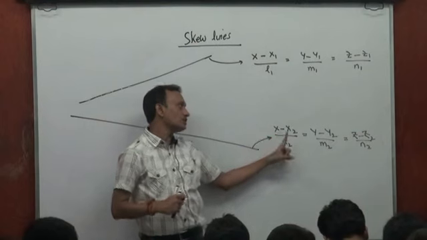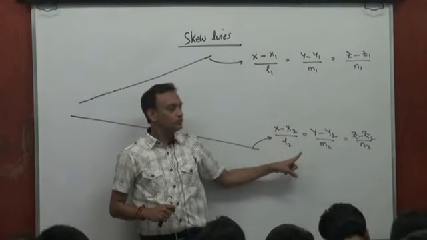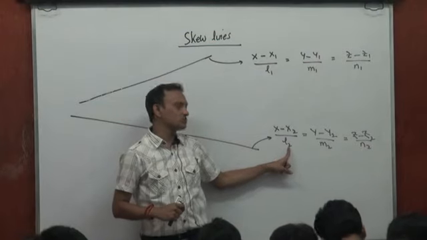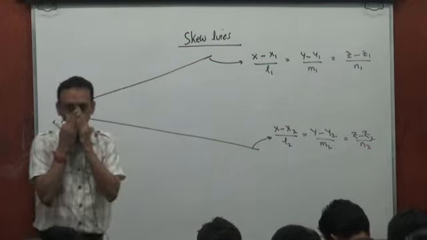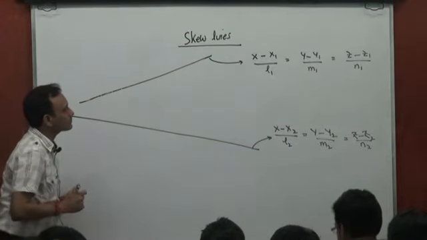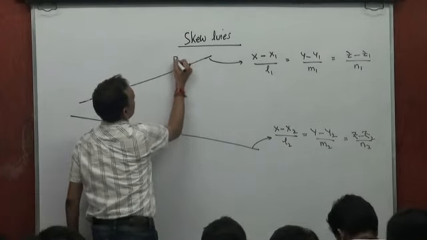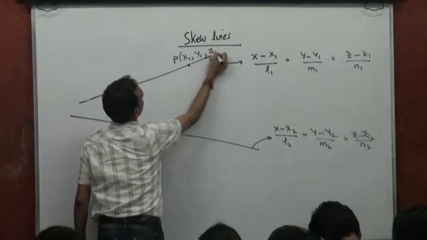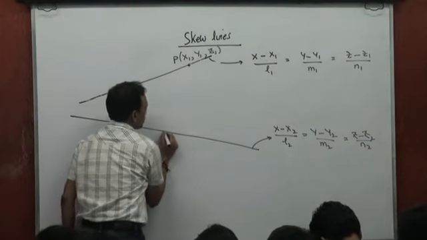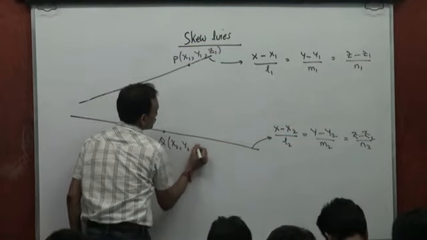So this represents a line passing through a point whose coordinates are x2, y2, z2, and this line is parallel to a unit vector L2 i plus M2 j plus N2 k. There is a point P on the first line whose coordinates are x1, y1, z1. There is a point Q on this line whose coordinates are x2, y2, z2.